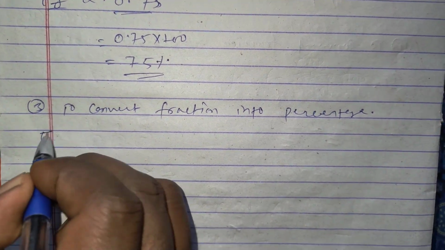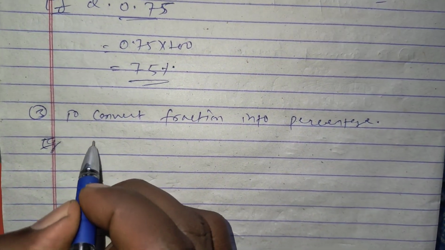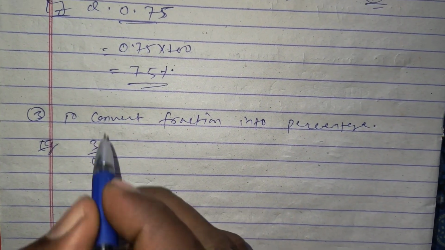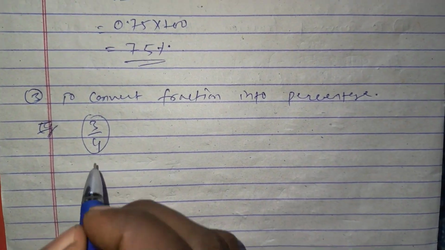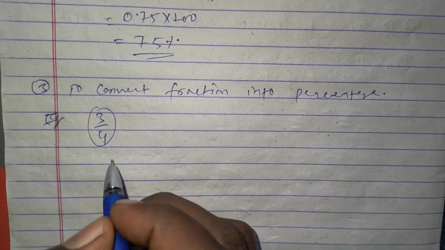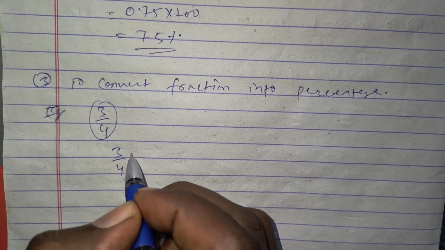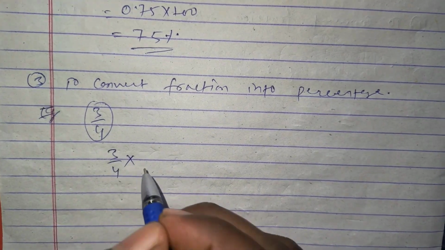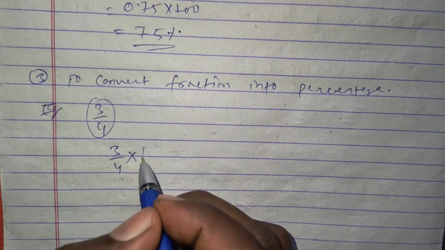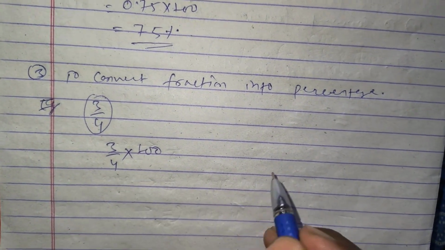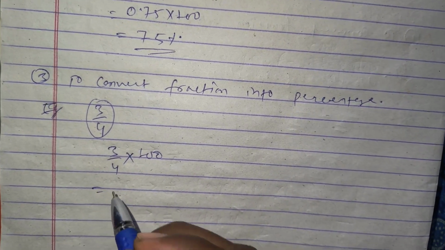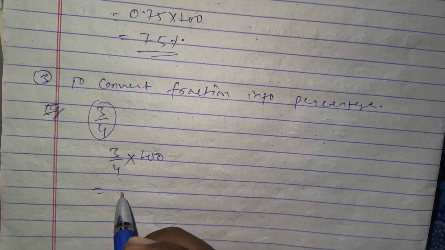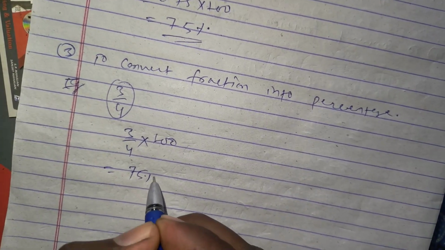So take an example, that will be 3 by 4 is the given fraction, right? So how to convert into percentage? The given fraction is 3 by 4, just multiply the fraction by 100, right? In this way we can calculate, that will be 75 percent.